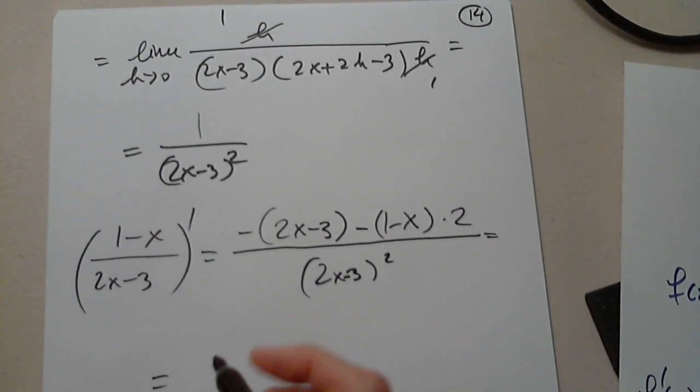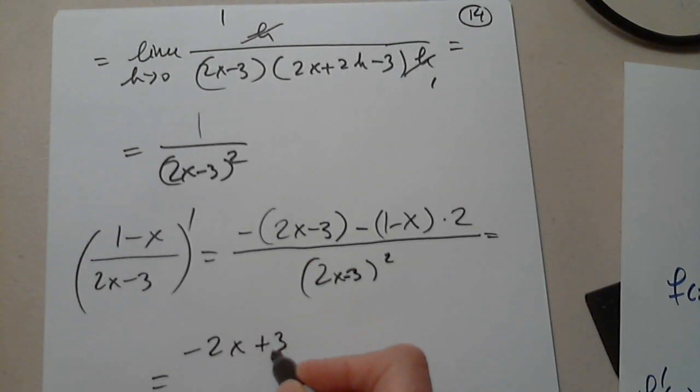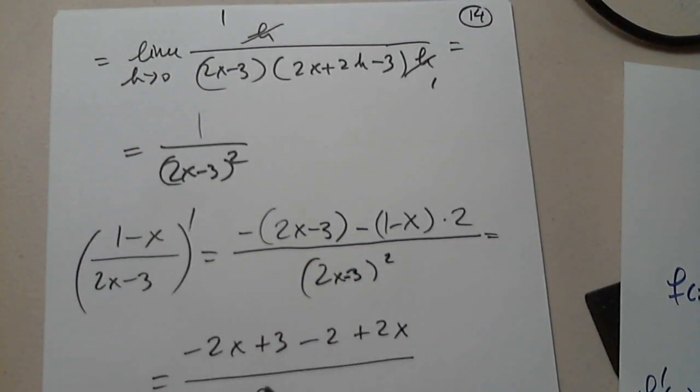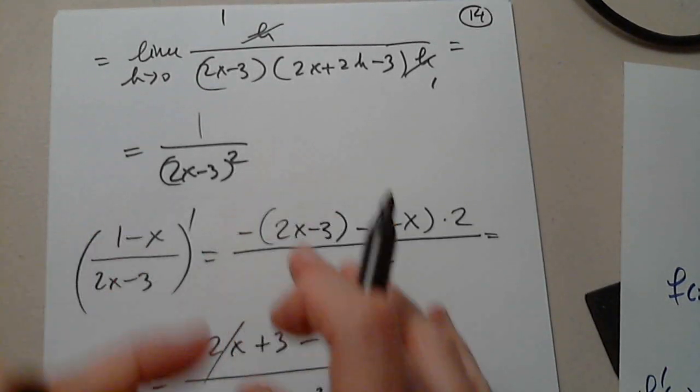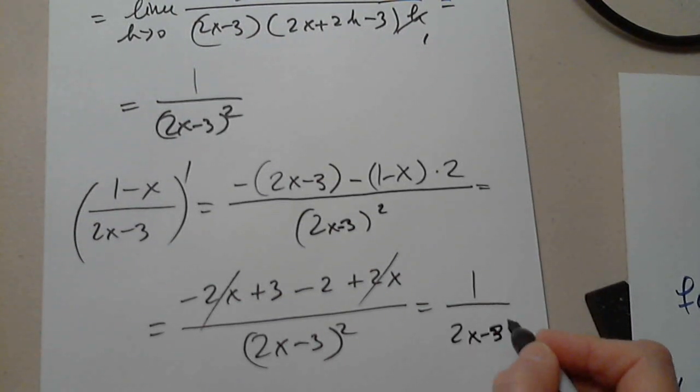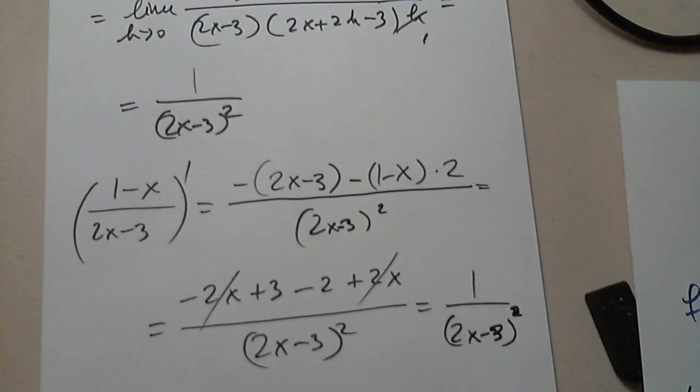Now the moment of truth, -2x plus 3 minus 2 plus 2x over 2x minus 3, everything squared. And yes, I'm recovering my calculation from before, and this is indeed correct.